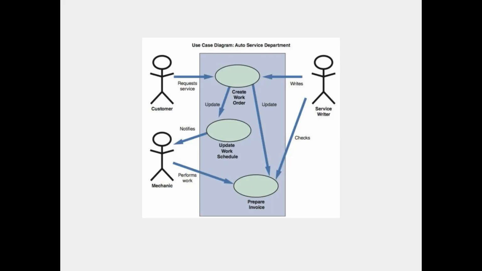So you will see an arrow which will update another use case, called update work schedule, which should notify the mechanic. Once the mechanic performs the work, we need to prepare the invoice, which again gets information from create work order. So it updates that. And then the service writer has to check. So this is a very simple interaction of a use case diagram.